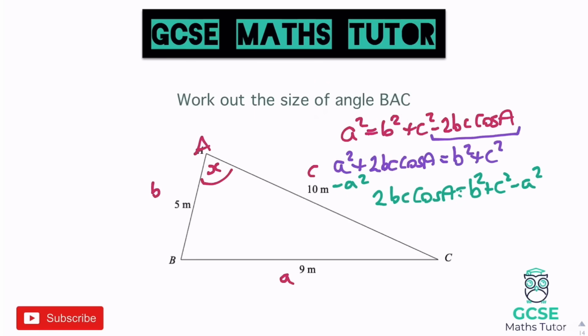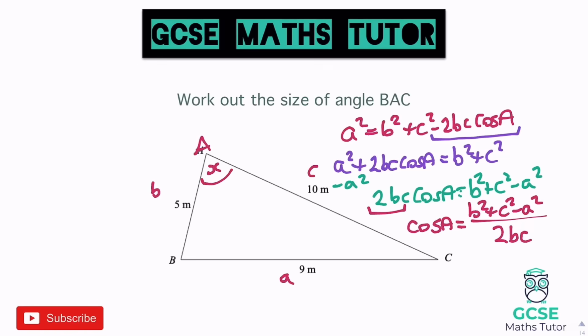And now you can finish off this rearrangement. You can divide by 2bc just to leave you with cos A. So cos A equals b squared plus c squared minus a squared, over 2bc. It's up to you. You can choose to just learn that formula if you want, but that's the formula we're going to use to find an angle.